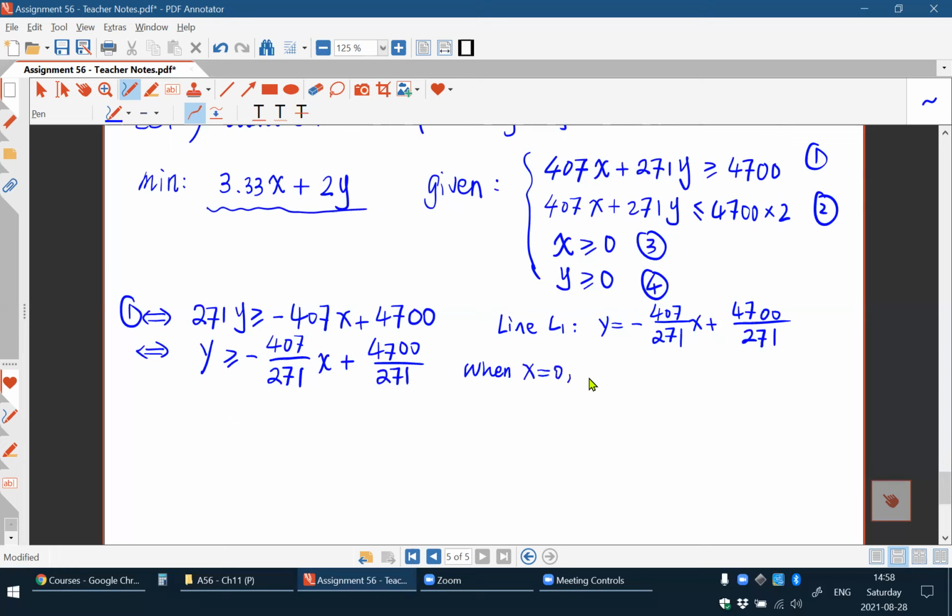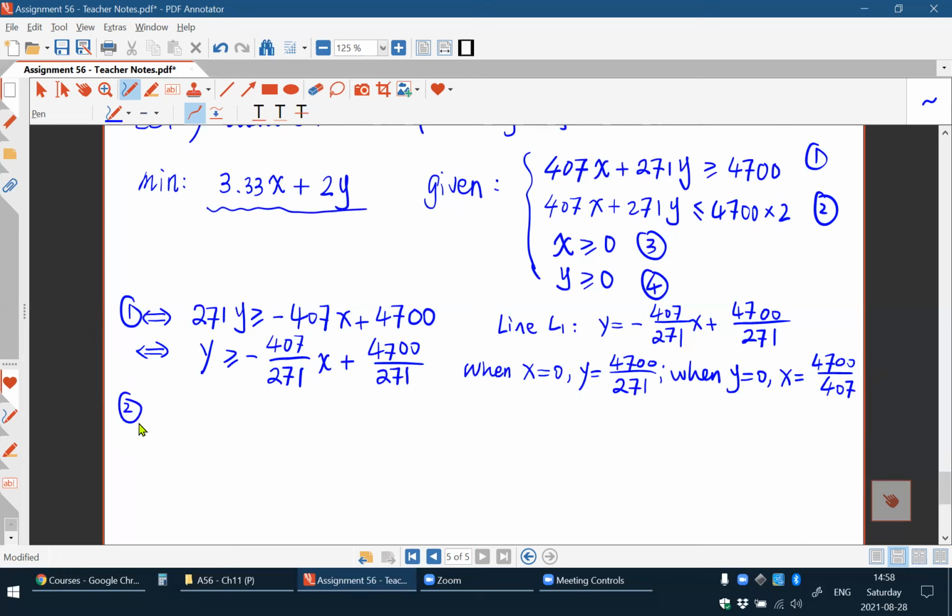When x is 0, y is 4700 over 271. And when y is 0, x equals 4700 over 407, right? This is the first line.